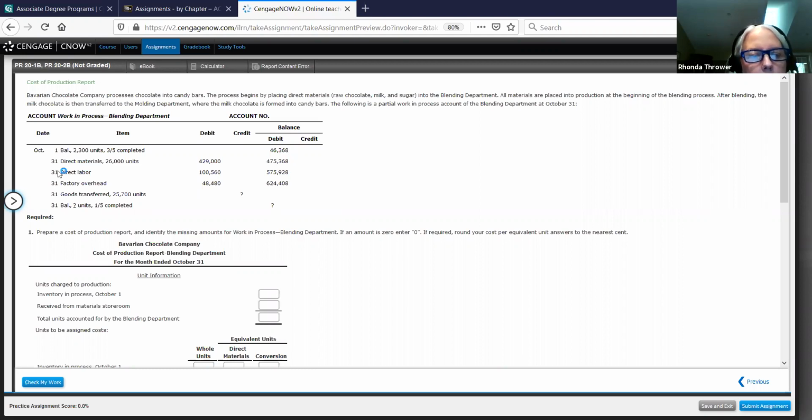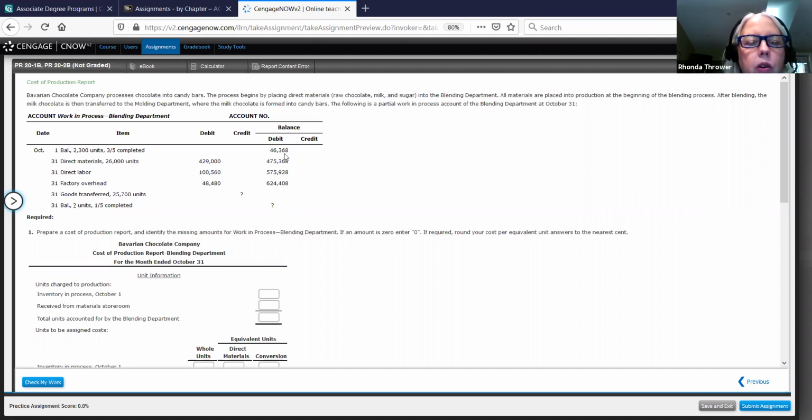During this month, we've added some more materials to process. So we've added some more chocolate, some milk, and some sugar into the process for the blending department. And the amount that we have added in materials cost us $429,000. We also brought in 26,000 units of materials that we're working with during this period of time.